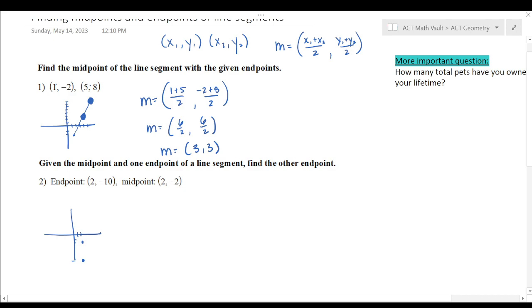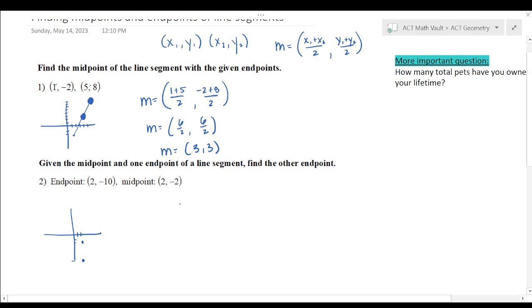Okay, so 2, -10. Well, some people might be able to just start counting units and observing that, hey, if these are both on 2, then maybe we could just start counting units from one to the next. But let's do it a little bit more scientifically.